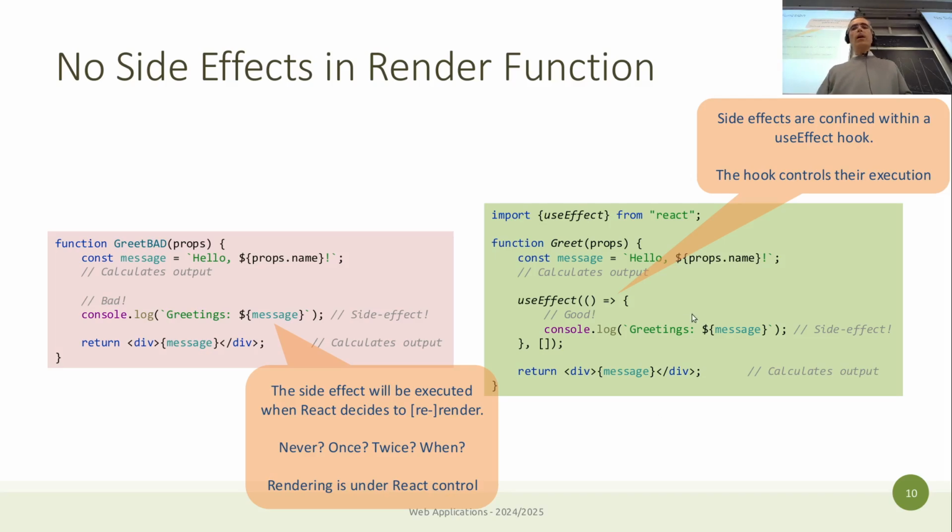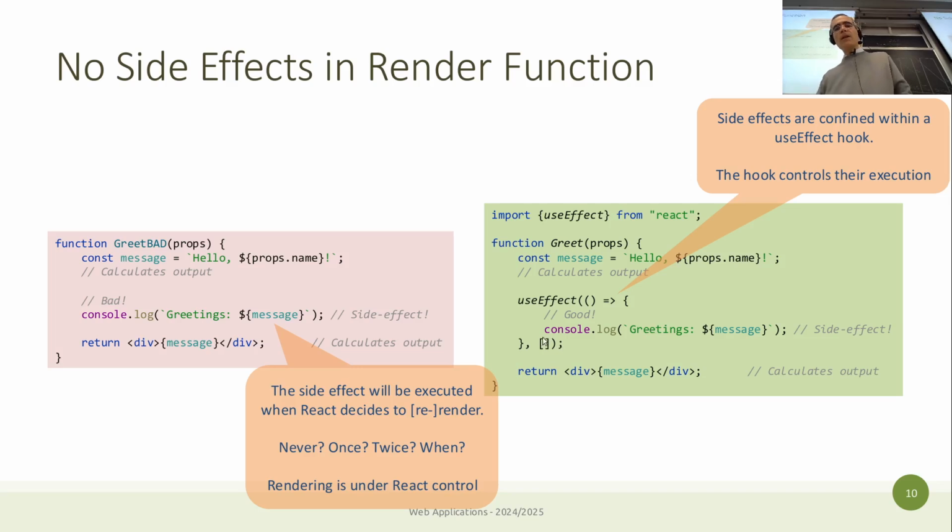And of course, you can use anything that is allowed in JavaScript, like this message. When you write something like this, you create a closure of the message variable, and so the function passed to useEffect will remember the value of message, and it will be able to access it even later on, even when the function is not being executed anymore. That's the usual stuff.